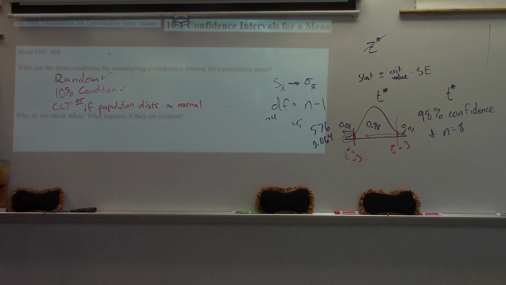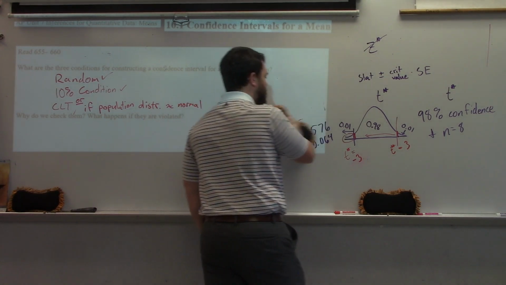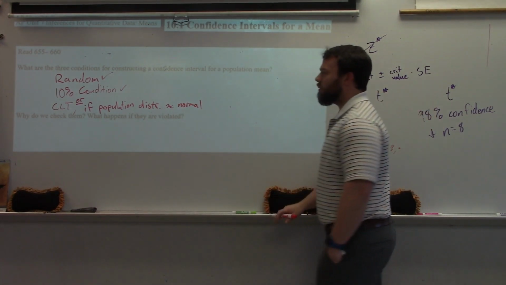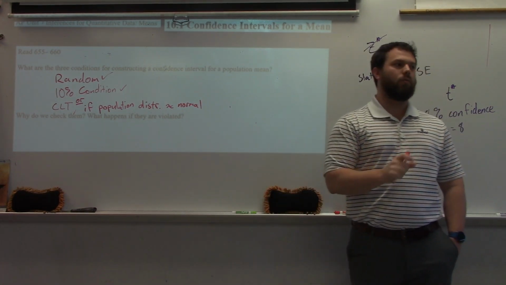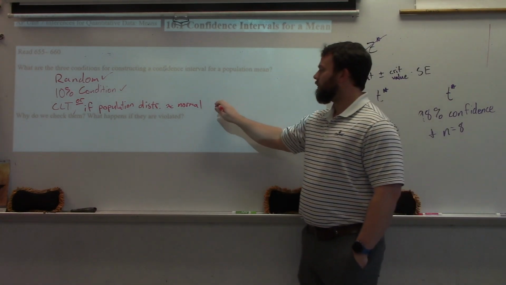But if we knew the population distribution, how likely is it that we don't know the population mean and the population standard deviation? I would say if we already know what the population distribution looks like, so there's a final and third way, and this is something you want to pay attention to.